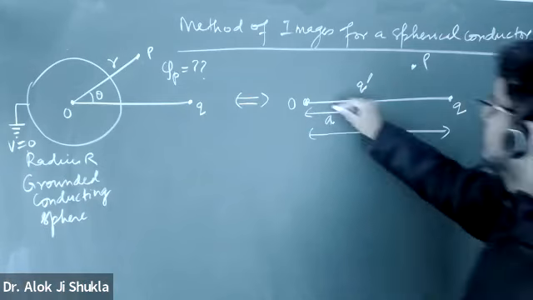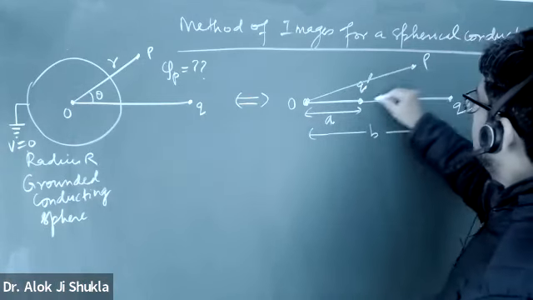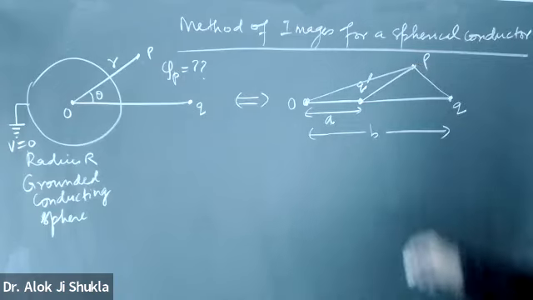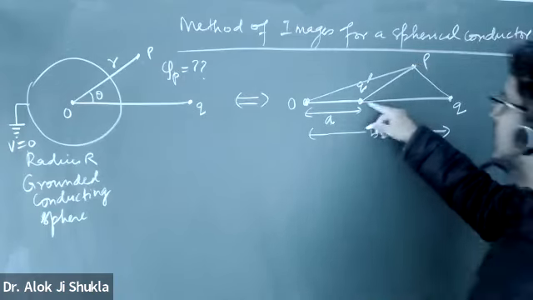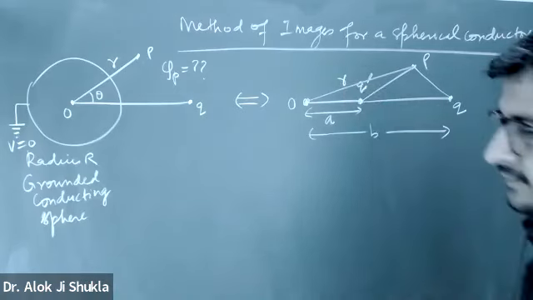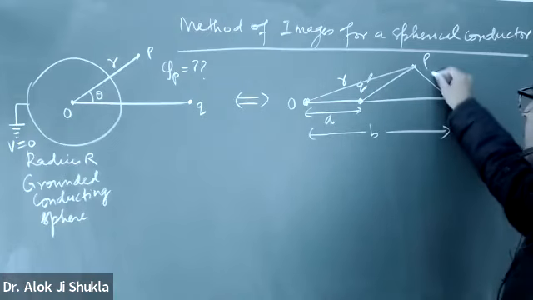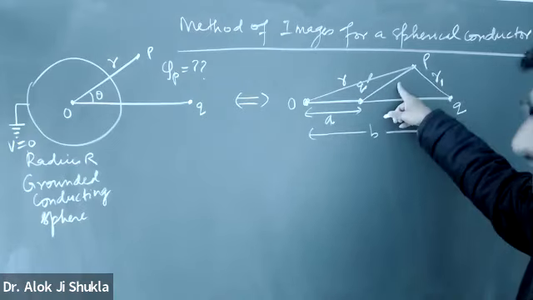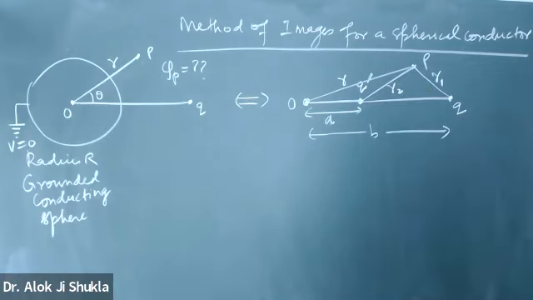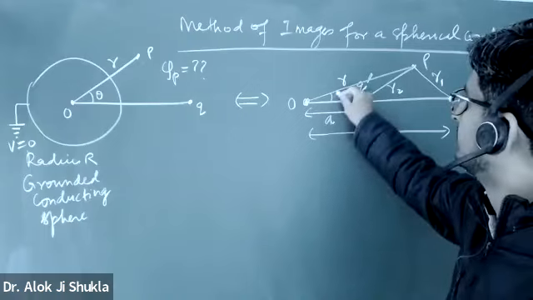Now, because you need to get the potential here, Q dash charge is kept at this point. This is small r. This is R1. This is another charge, let us take it R2. This angle is theta.